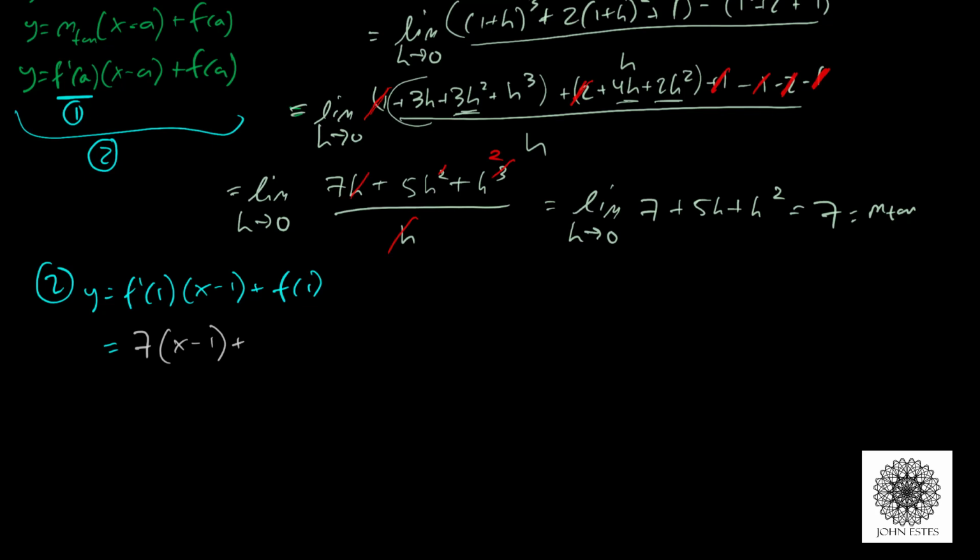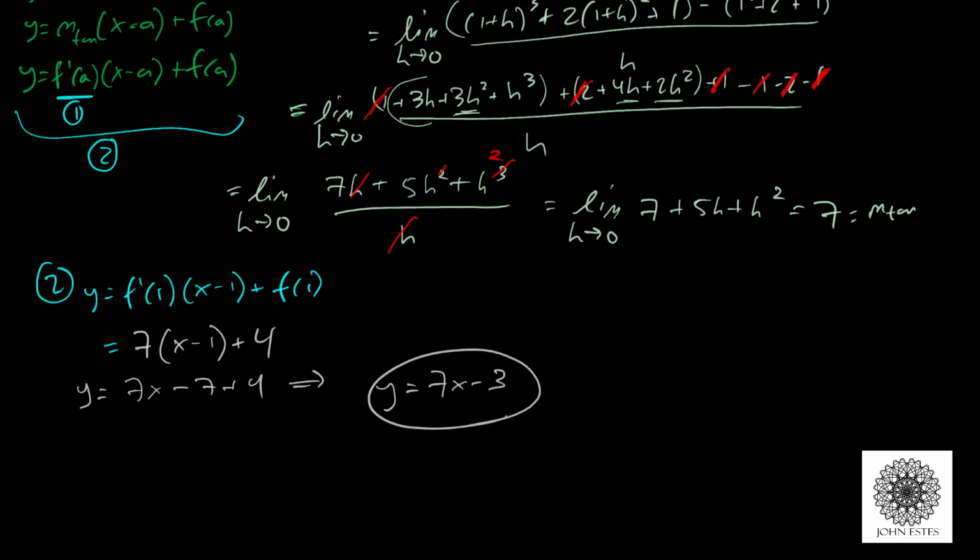And f of 1, we can either plug it in, but they gave it to us. That's simply 4. Right, we got it right at the beginning. Okay, so now just simplifying this, we end up with an equation of the tangent line being 7x minus 7 plus 4. So that means that my tangent line is 7x minus 3. And there's the equation of my tangent line.